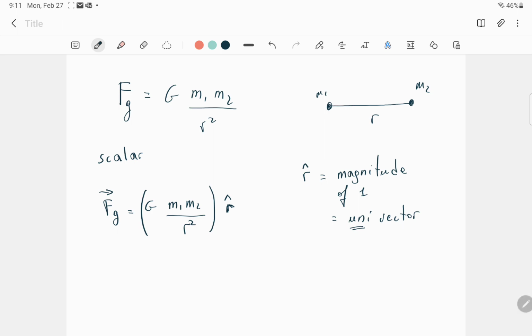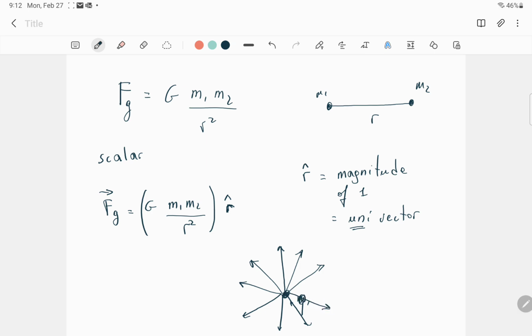Now, the reason why this is r-hat is because the force is radial, right? If I have a mass here, just like for charges, this mass will create a gravitational field. Just like a charge will create an electrostatic field. For the charge, if this was q1 positive, for example, we had the electrostatic field like this, radial.